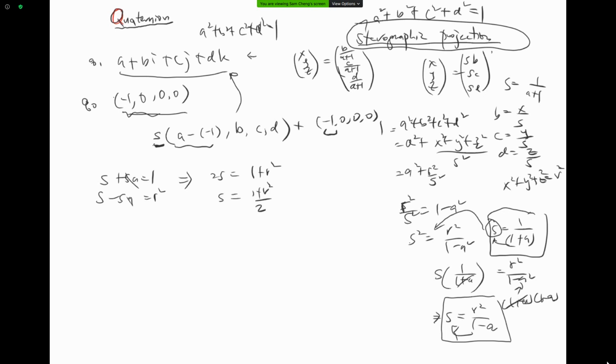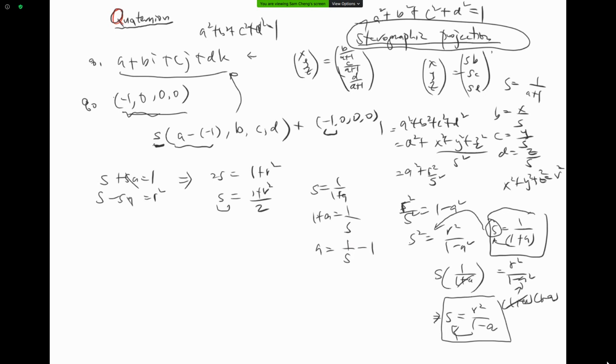So therefore, s is equal to this, and I know s is also equal to 1 over 1 plus a. So therefore 1 plus a is equal to 1 over s, or a is equal to 1 over s minus 1.